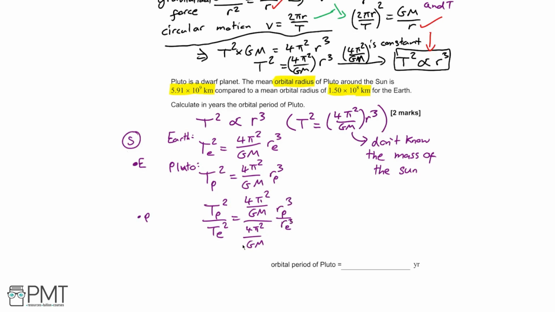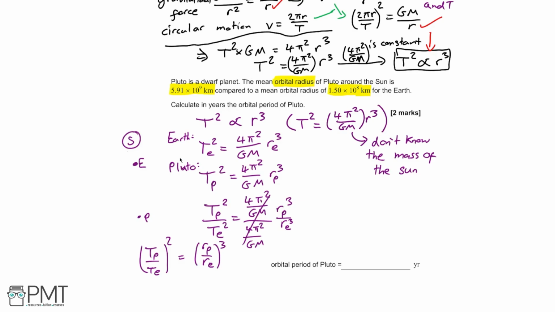And so these cancel, leaving us with (Tp over Te) all squared, where I've taken the 2 inside a bracket, and that's equal to (Rp over Re) cubed. So, because we know about the orbit of the Earth, we can eliminate the need to know about the mass of the Sun. And instead we can just use the relation that we've derived.